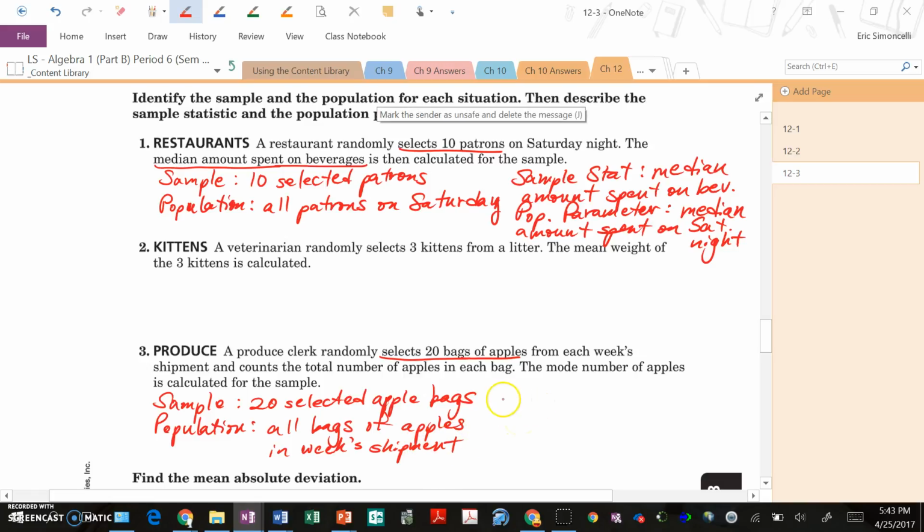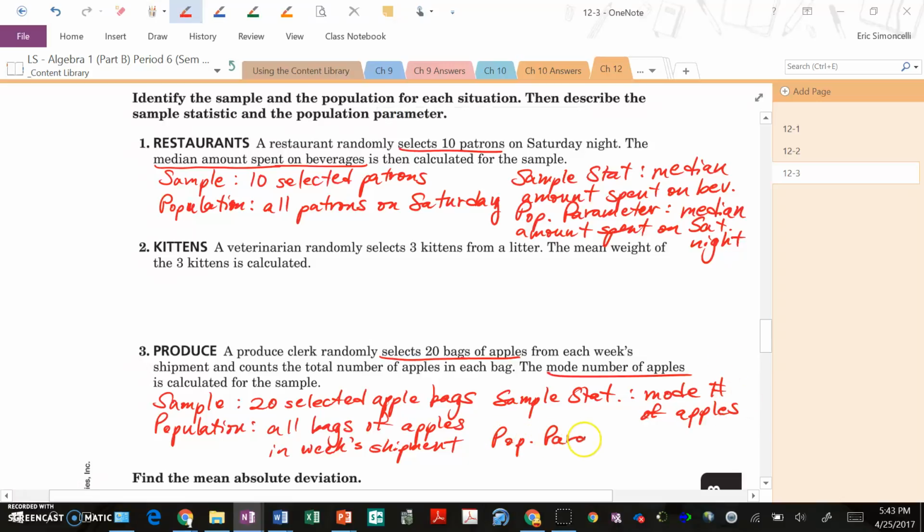And now we can go ahead and take a look at the sample stat, which stems from the sample. In this case, we're looking at the mode number of apples. While the population parameter is the mode number of apples in the week's shipment.